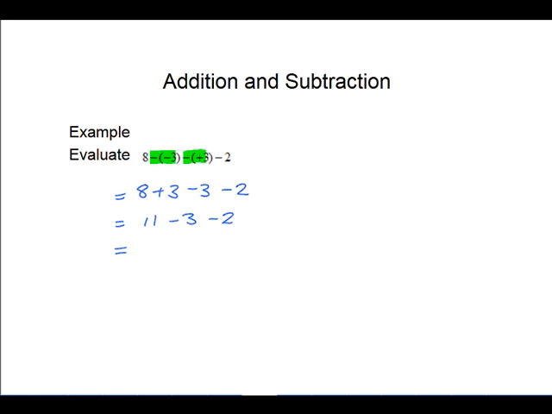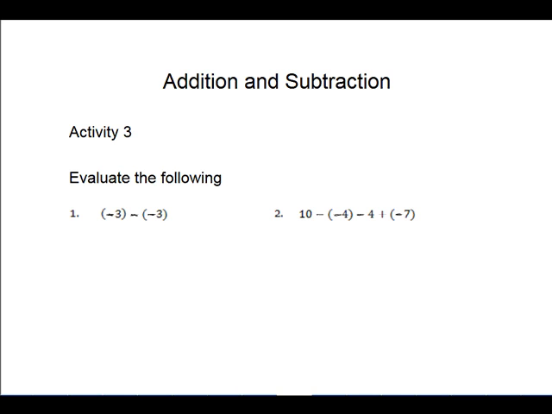So 11 minus 3, you go to the left, so that'd be 8. Minus 2. Okay, minus to the left again, so you'd be 6. Here's a few activities. Remember, if they're the same, plus; if they're different, minus.